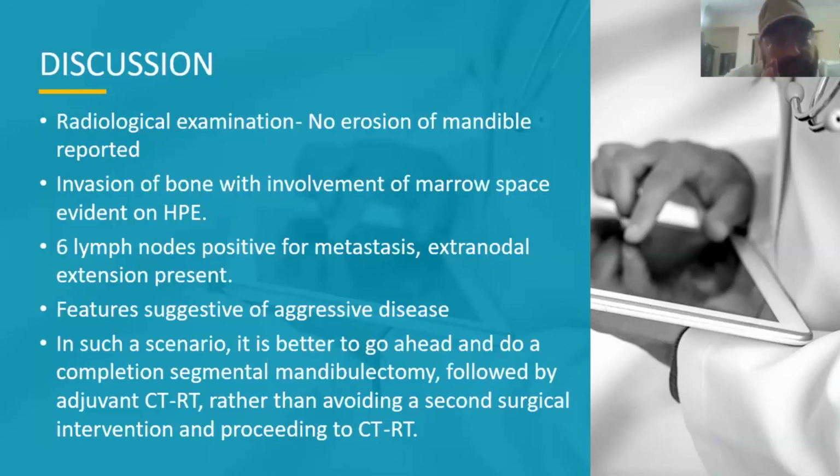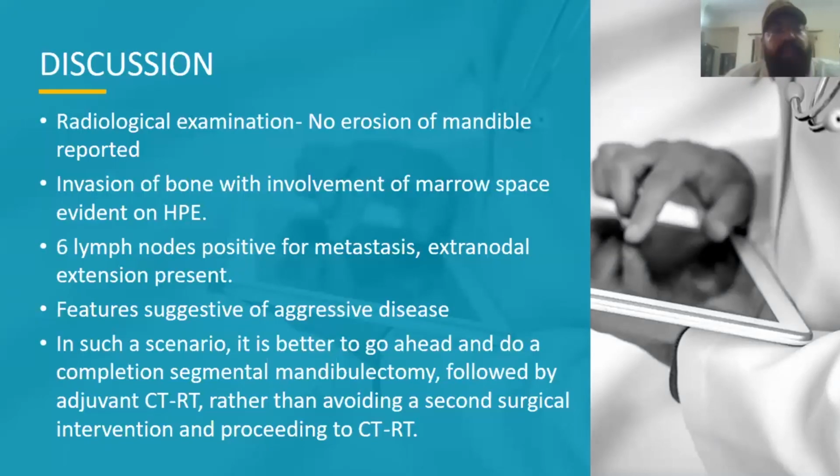But the protocol-wise decision still remains the same, and we suggest other clinicians follow the same methodology, that if clinical examination and the radiology suggest that there is no bone involvement, the first attempt should be to preserve the mandible rather than resecting the mandible.